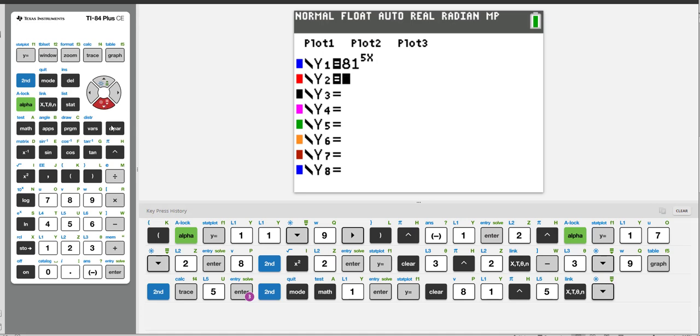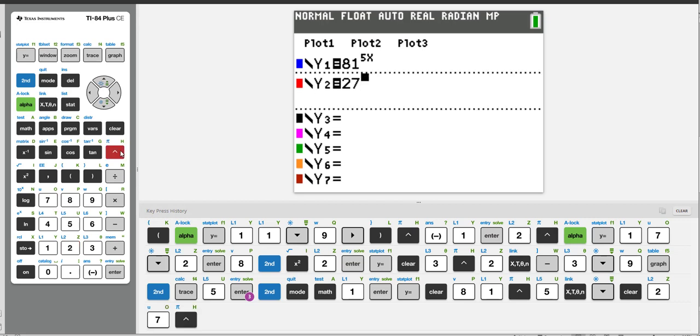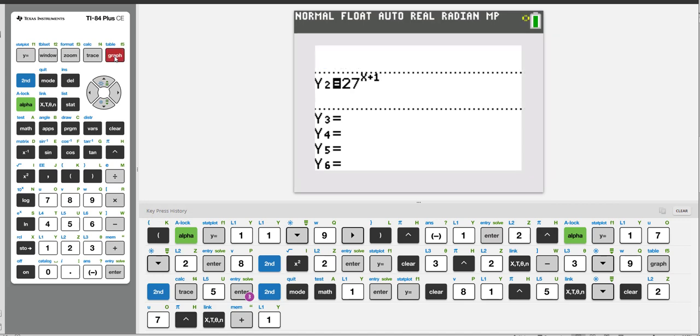Press clear to clear y2. Type in 27 and press the caret key. Type in x plus 1. Press graph.